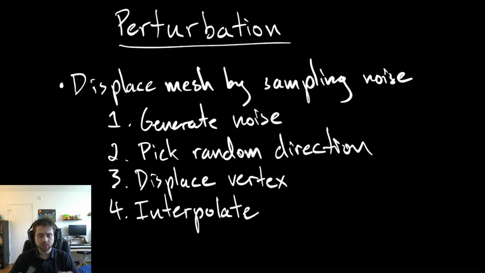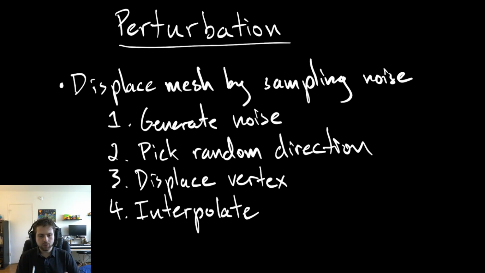In the context of our mesh, that just means we take each vertex and displace it from its original position. We're going to do that for each vertex, and for each vertex we're going to carry out this 4-step process. The first thing we do, before we even iterate through our mesh, is generate noise separately from our mesh, and we'll just repurpose the square diamond noise.